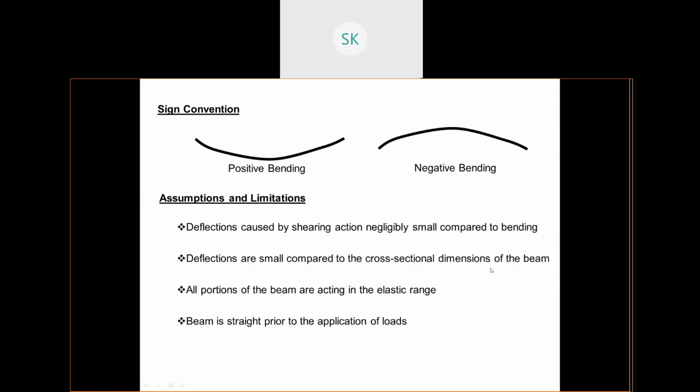Beyond this region, your beam or structure will not come back. So throughout the beam is acting in the elastic range. Whenever you apply a load, it will deflect, but when you remove the load, it will come back to its original position.